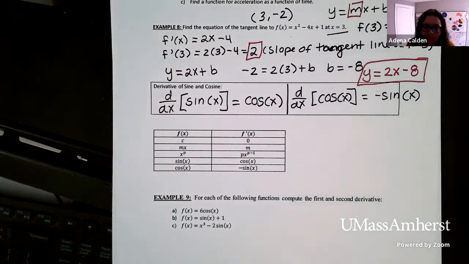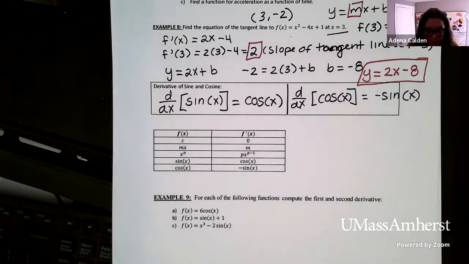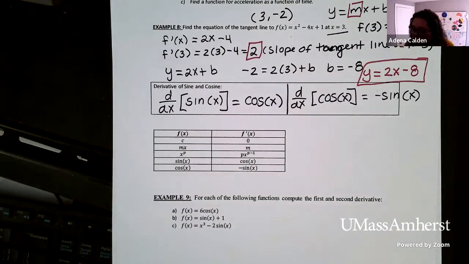So we're going to start with this particular one here. Right, so for each of the following functions, I want you to try to compute the first derivative and the second derivative of each of the functions, right? And you'll see that each one has at least part of it that is brought in sine or cosine.